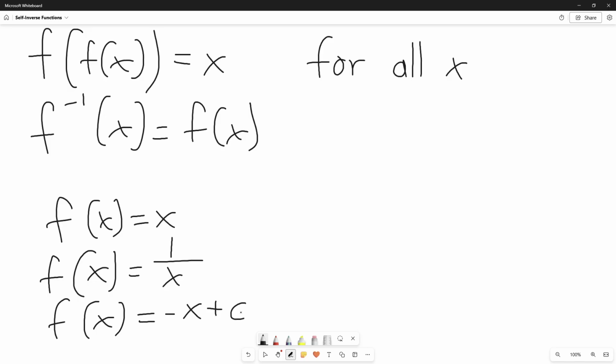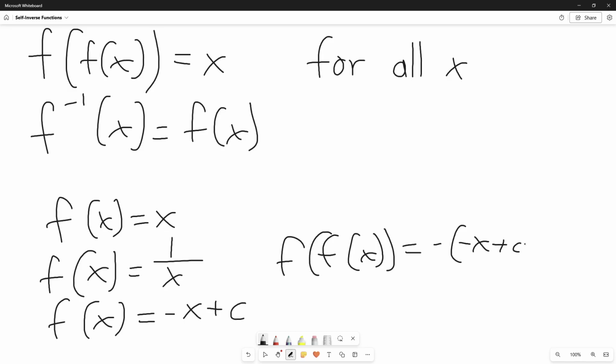And now let's test the last one, f of x equals negative x plus c. First, we find f of f of x, which is negative negative x plus c plus c, and this turns into x minus c plus c, or x, so that works.